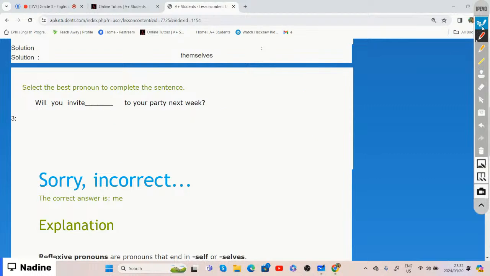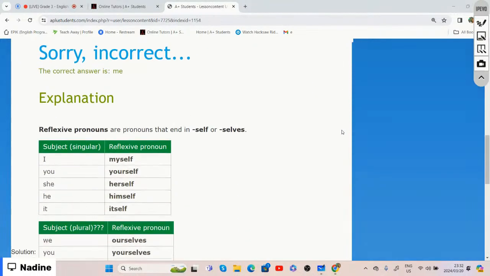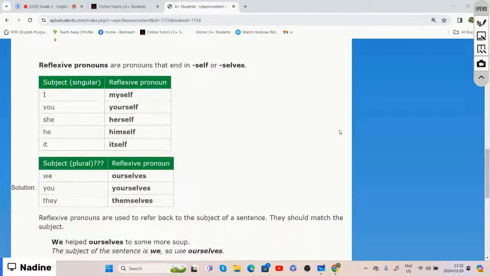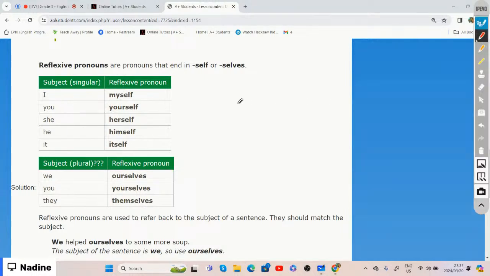And once again, before we go on to our test, let's just look at this table over here. It says reflexive pronouns are pronouns that end in self or selves, right?